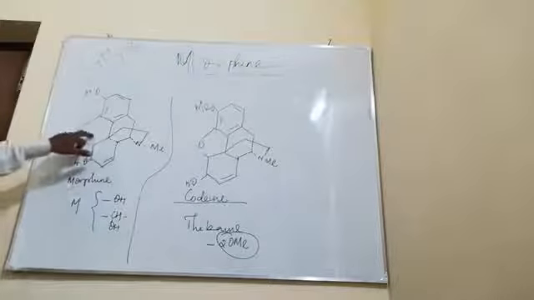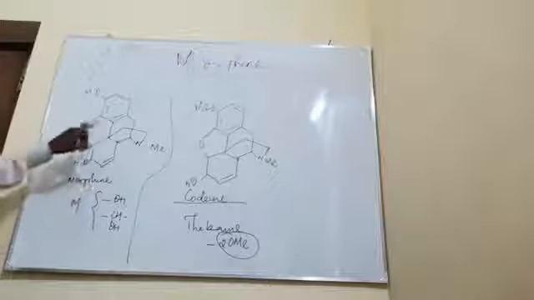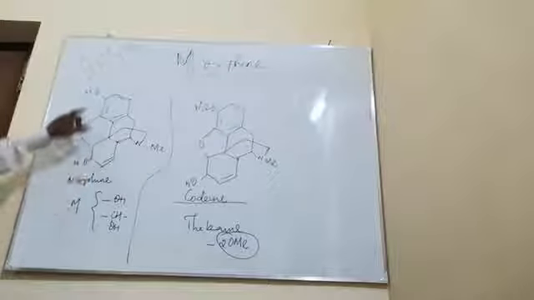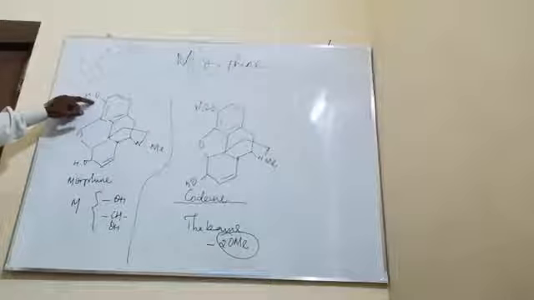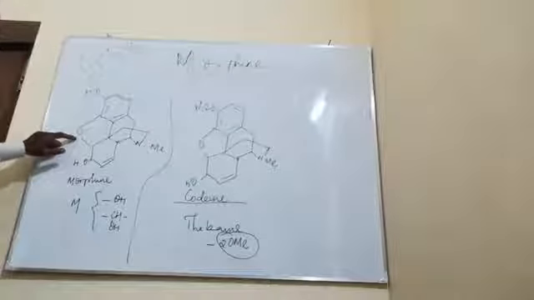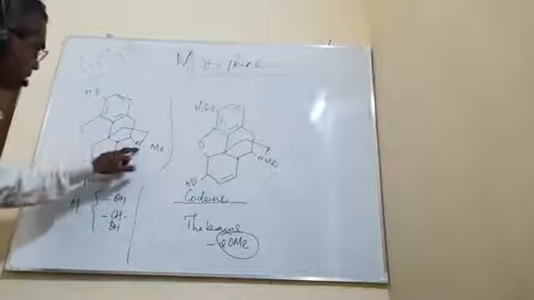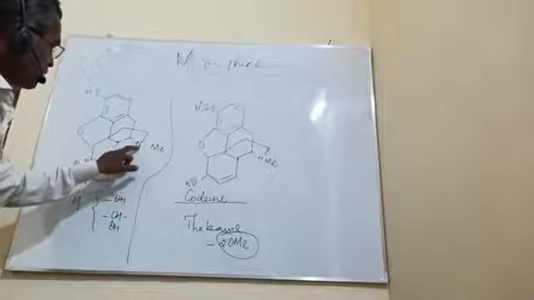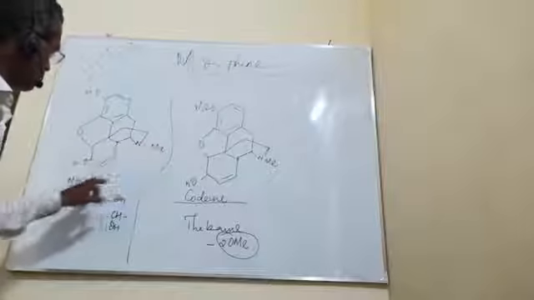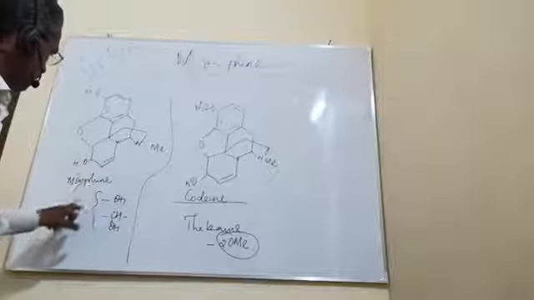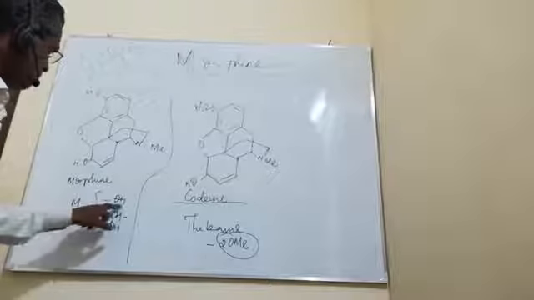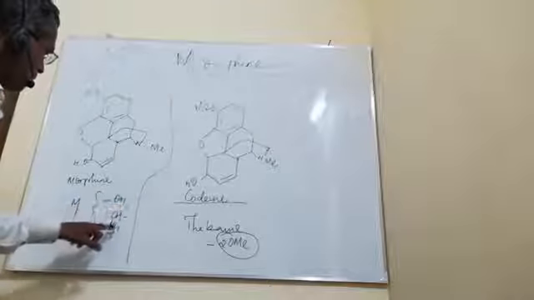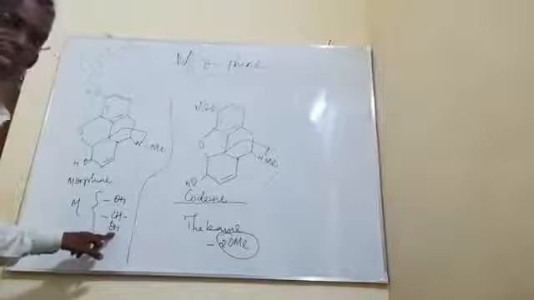Now come here. This is the structure of morphine. We have two hydroxyl groups in morphine, one oxygen in the ether linkage position, and one nitrogen in the tertiary position, to which there is a methyl group. Morphine consists of one primary alcohol and one secondary alcohol.